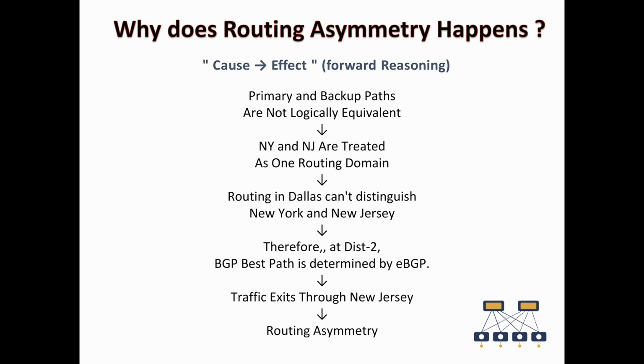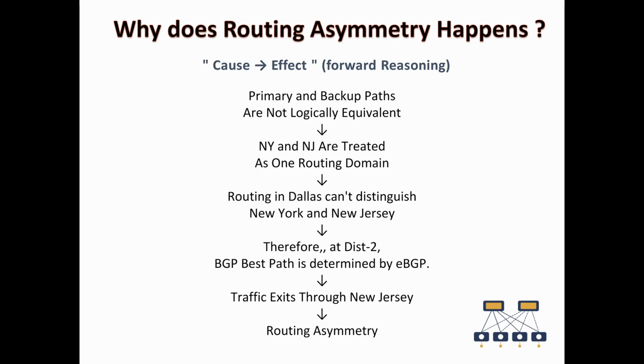First, primary and backup paths are not logically equivalent. In addition, New York and New Jersey are treated as one routing domain. Therefore, the routing in the Dallas distribution switches can't distinguish New York and New Jersey. Therefore, at dist-2, the BGP best path is determined by eBGP. Traffic exits through New Jersey. As a result, routing asymmetry.